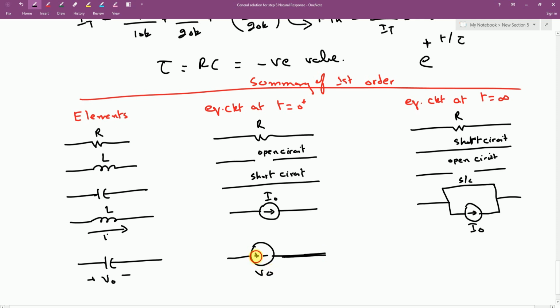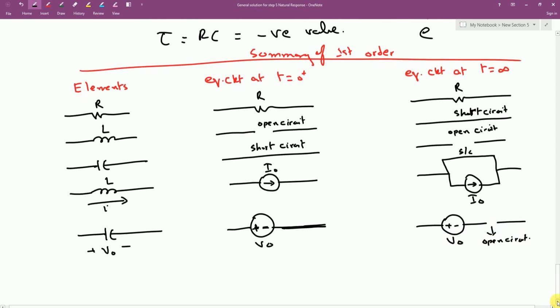It will try to retain the voltage on its plates, but with the passage of time, at time t equal to infinity, if initial conditions prevail, the capacitor shall have some voltage as well as become an open circuit. Thereby it means that the capacitor is now fully charged and no amount of current can flow through it. So the capacitor can be replaced with this voltage V0 alongside an open circuit at time t equal to infinity.